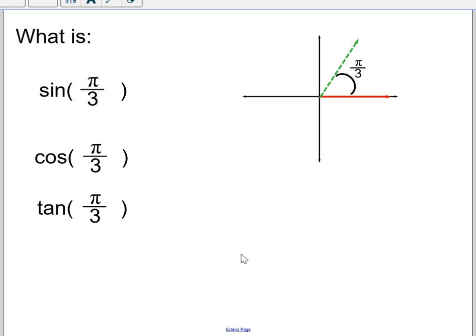So pick up your TI-84 and hit the mode button. If you scroll down to the fourth option, it's between radian and degree. And if you've never messed with it before, it probably defaulted to radians, which is what we're going to use here. So if we want to find the sine of pi over 3, you're going to hit the sine button on your calculator, having checked that you are in radians.